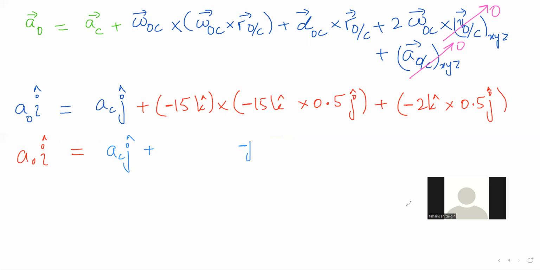Okay, internet connection is unstable. Okay, 7.5 multiplied by 15. So we forgot the cross of omega on C.